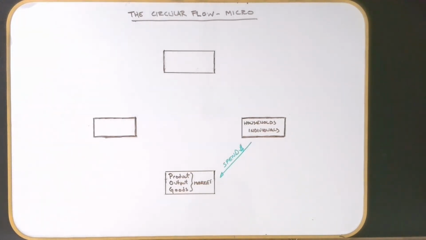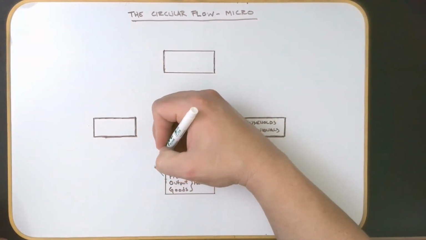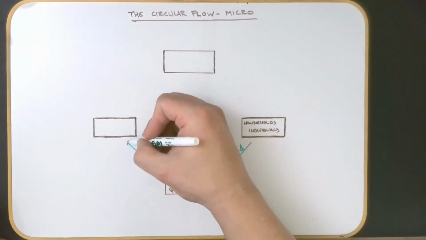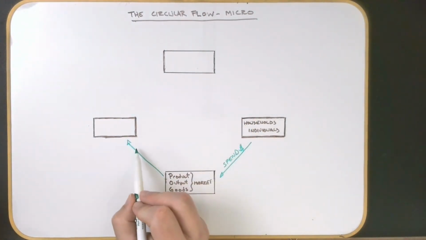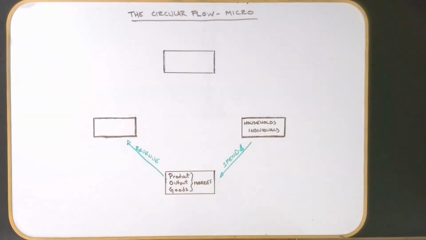So these businesses, or should I say these marketplaces, is where you buy things, and then the money you spend there goes to the firm, the business or the firm. This is going to be revenue right here. The thing you want to keep straight here is that just like we would have side-by-side in perfect competition, where we would have the market on the left and the firm on the right, it's the same idea here.